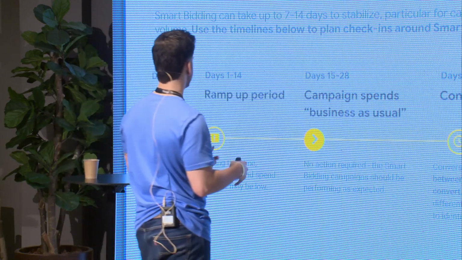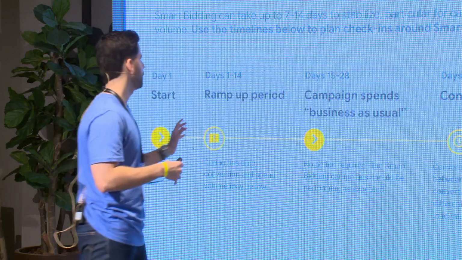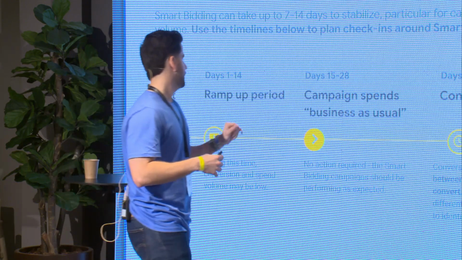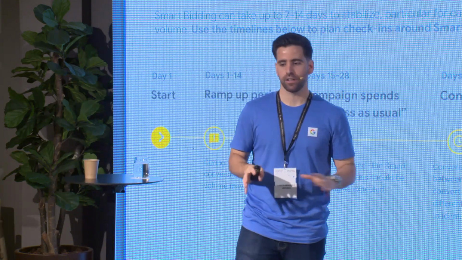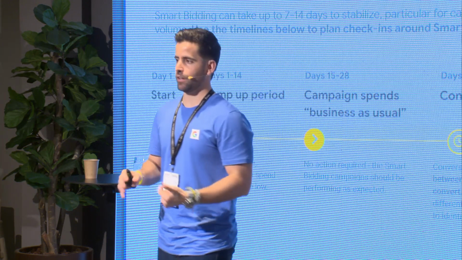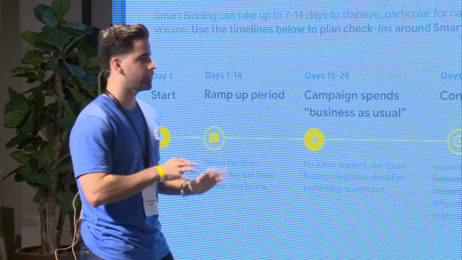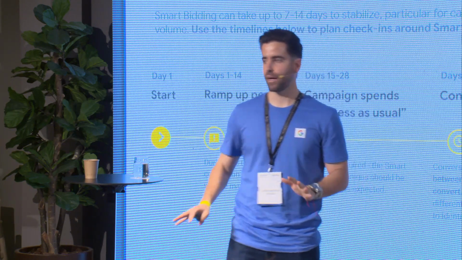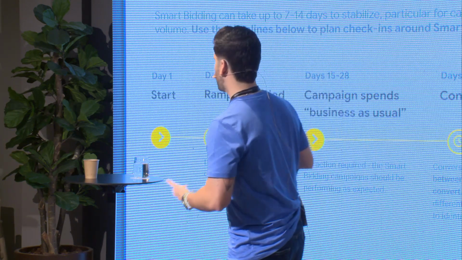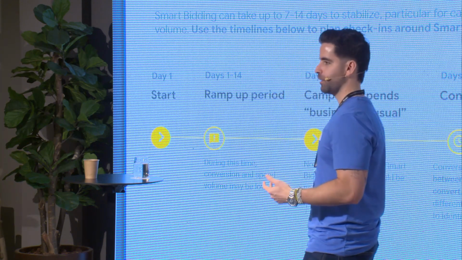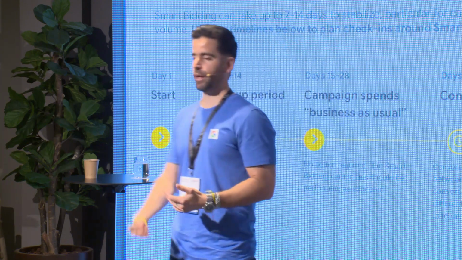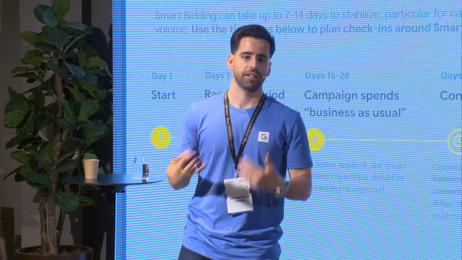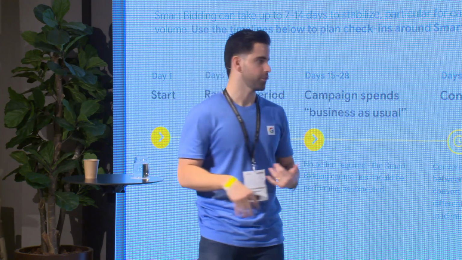Then from day 15 to 28 is when we could potentially start doing some changes. At this point it's still very early on, so drastic changes are not recommended, but we can see what assets are performing the best, what type of rotations we can do, and what type of placements are generating more conversions, and based on that we do small adjustments.